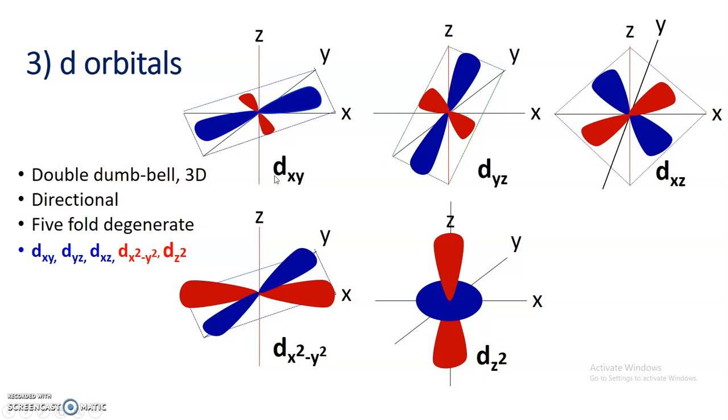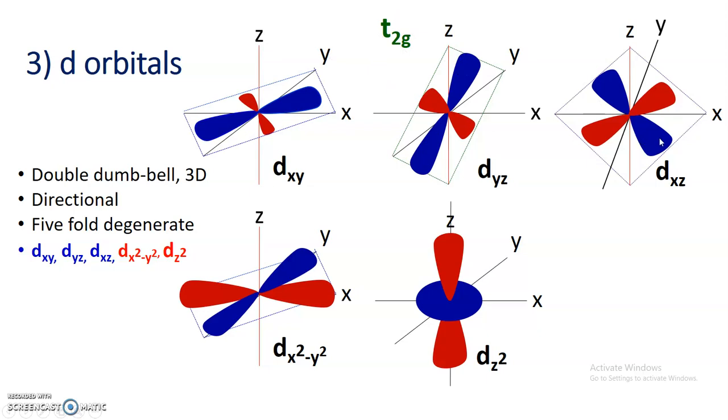Now these 3 orbitals, dxy, dyz, dzx or dxz, are orbitals whose lobes are oriented in between the axes. These 3 orbitals are called T2g orbitals. T stands for triply degenerate, g for gerade orbitals. So in octahedral geometry or ligand field, the 5 d orbitals split into 2 energy levels.